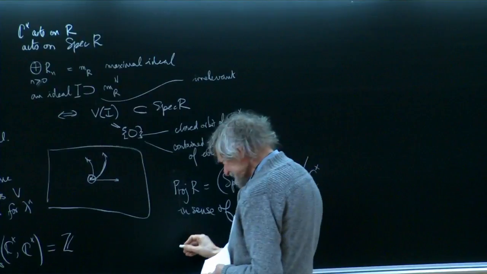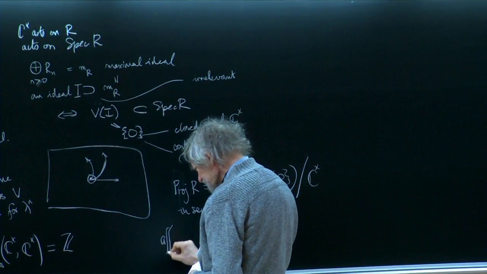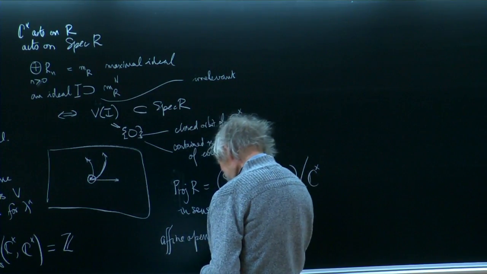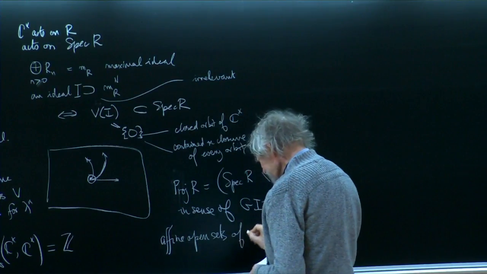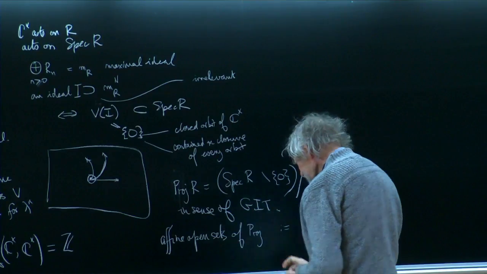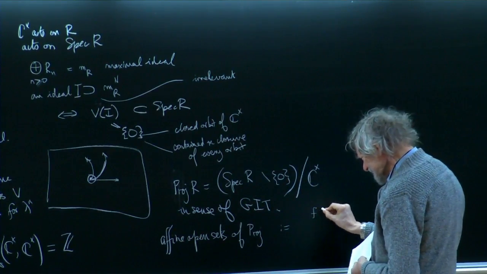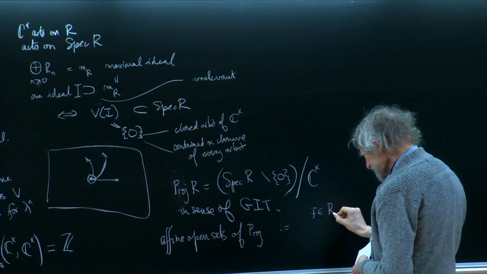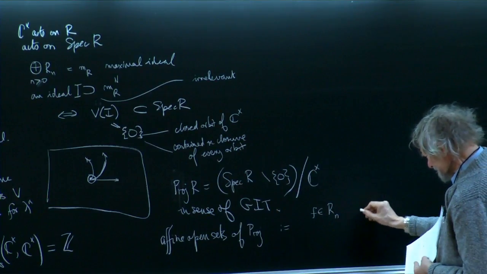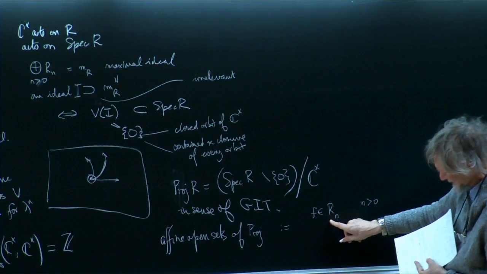So what this means is that this has affine open sets of Proj. I take f in R_n, where n is greater than 0, so I take anything which is homogeneous.